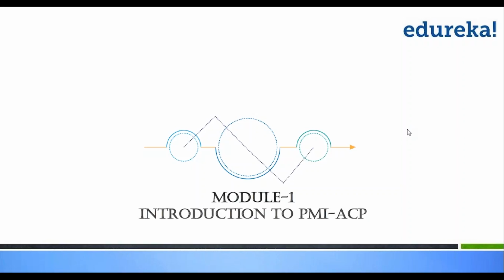As we all know, this course is there to help you prepare for the PMI ACP certification program. ACP is Agile Certified Practitioner, one of the certificates from the Project Management Institute, PMI.